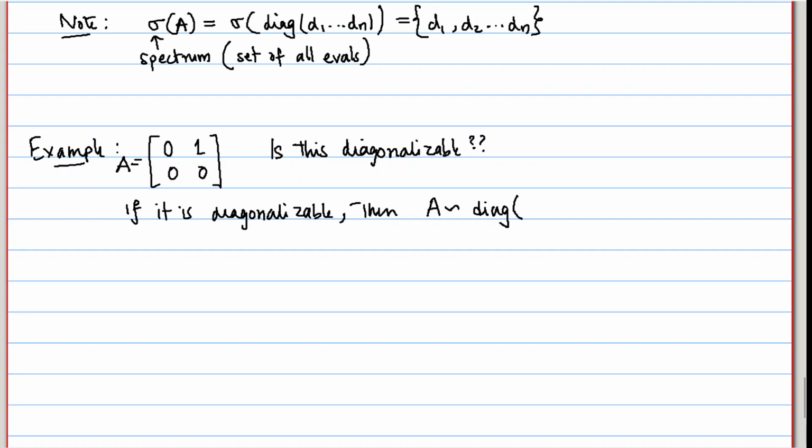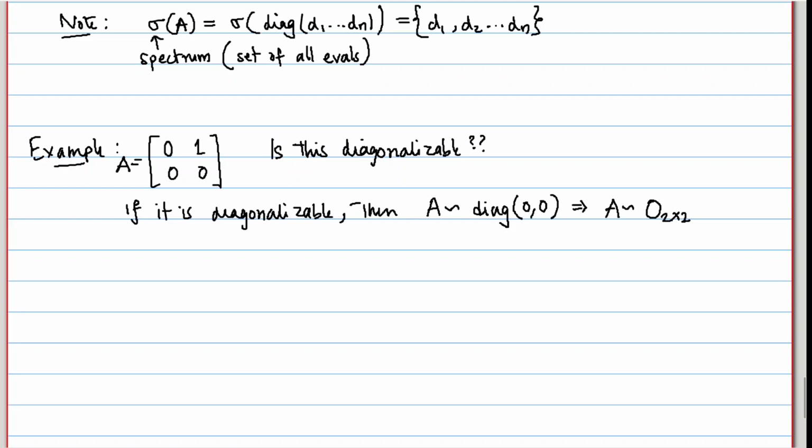But we know that the eigenvalues of A are zeros, two zeros. So A is similar to the 2 by 2 zero matrix.